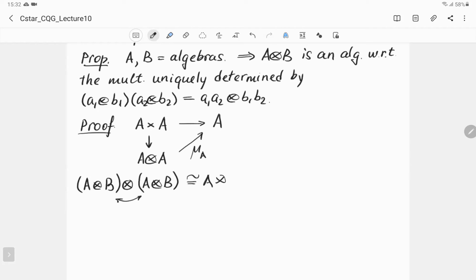We get A tensor A tensor B tensor B, and then we just apply mu A tensor mu B, and we are now in the tensor product of A and B. So we get a linear map from here to here, or equivalently a bilinear operation on the tensor product, which clearly satisfies this condition. The associativity is a simple exercise which is immediate from this formula.